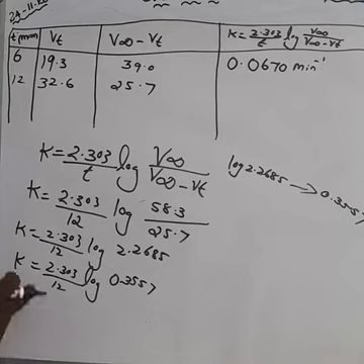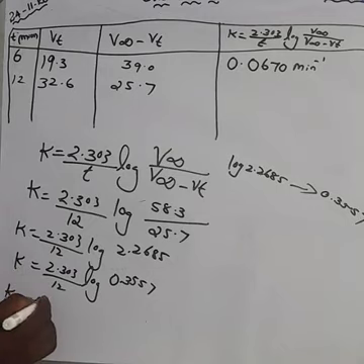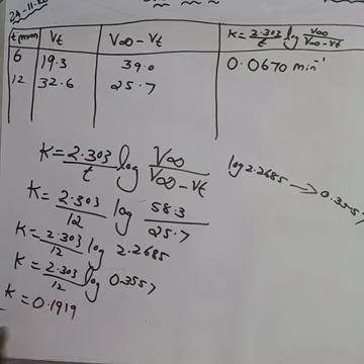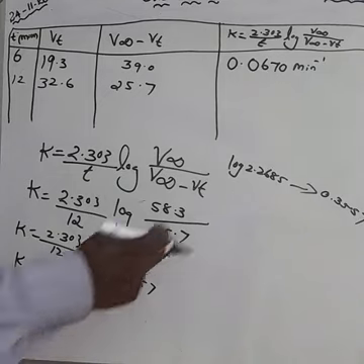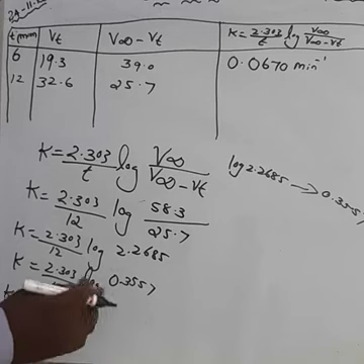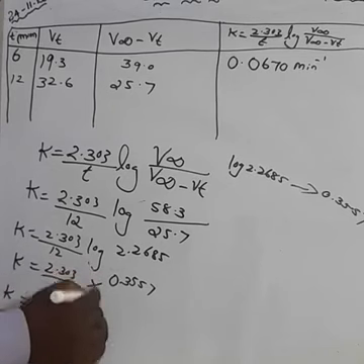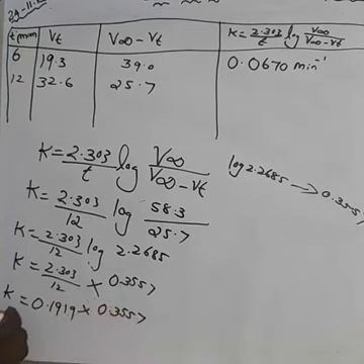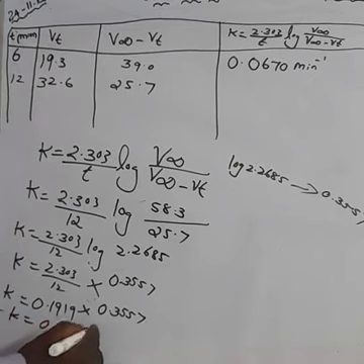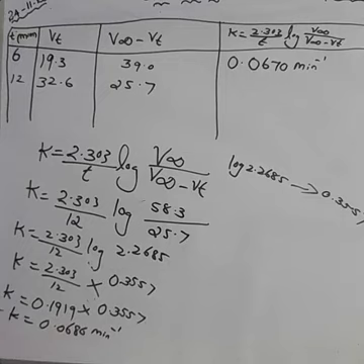So again we are multiplying. 2.303 divided by 12 is 0.1919. Multiplied by 0.3557, k is equal to 0.0686 minutes inverse.